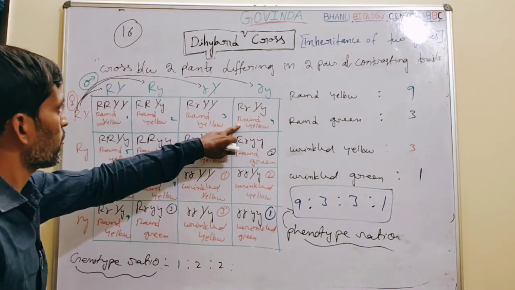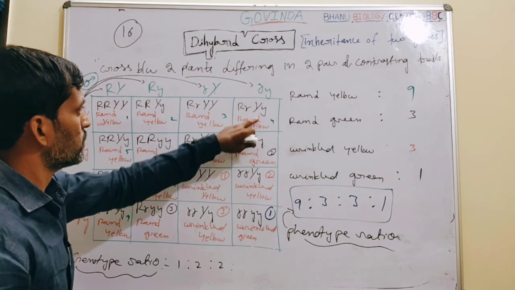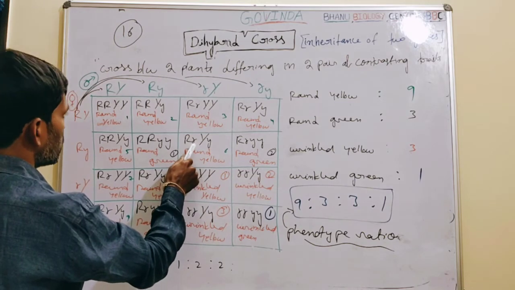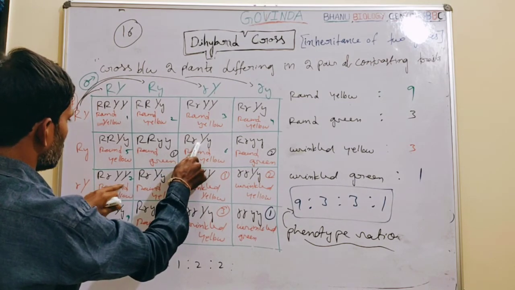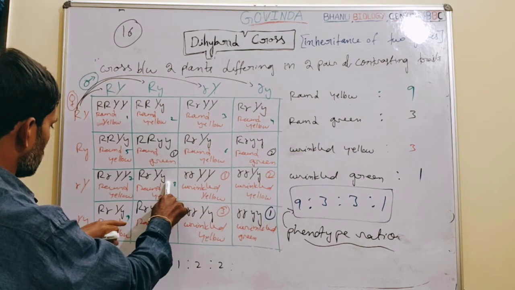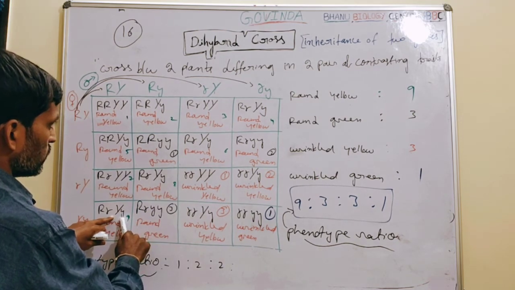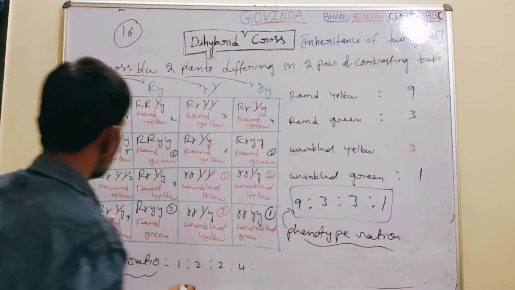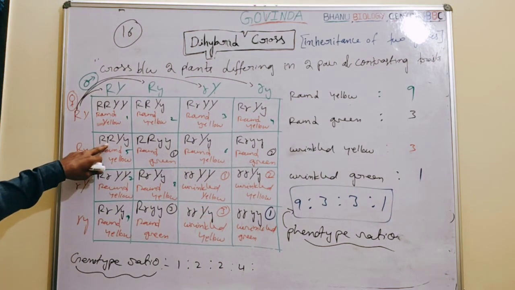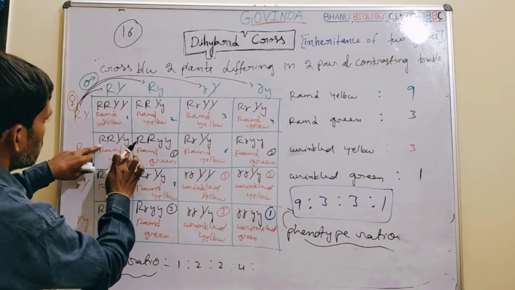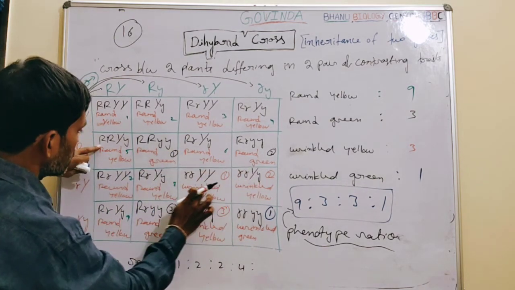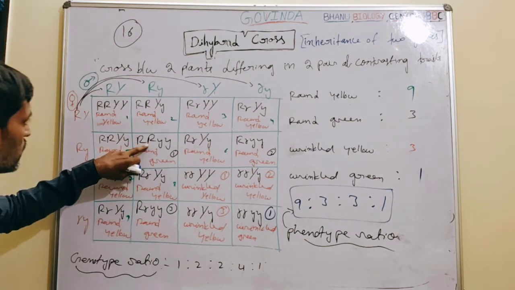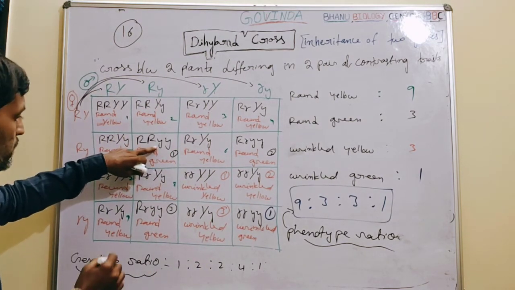Then capital R small r, capital Y small y, 1, 2, 3, 4, totally 4. Next capital R, capital Y small y, so only 1.